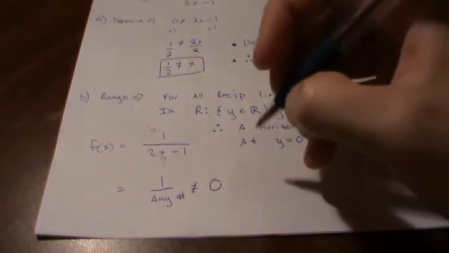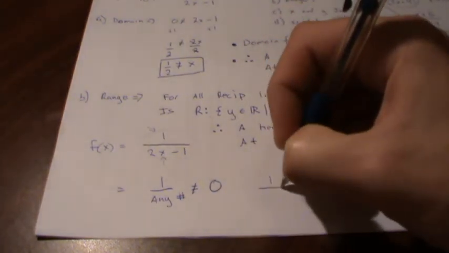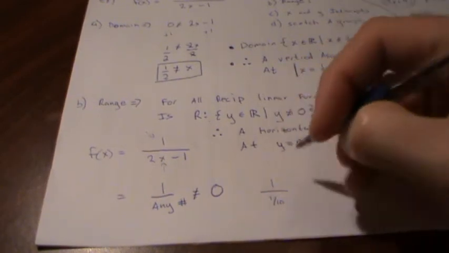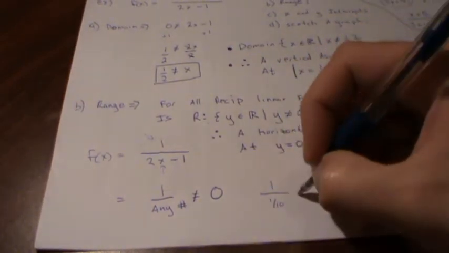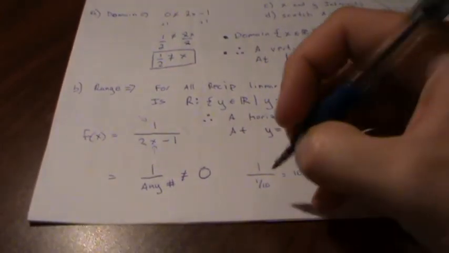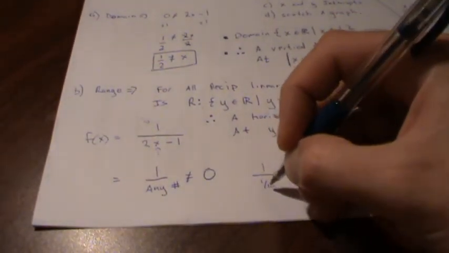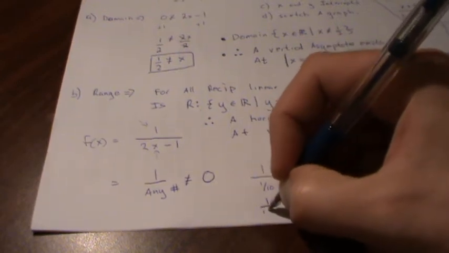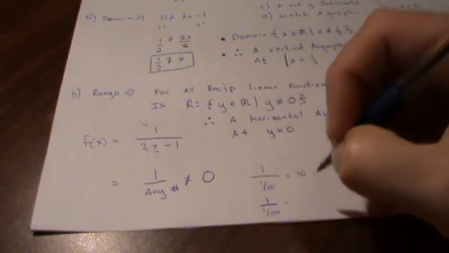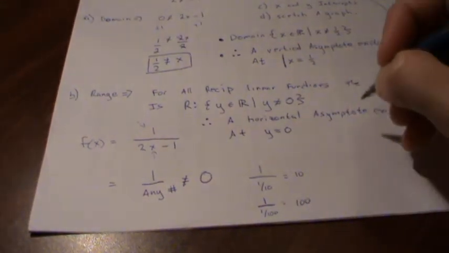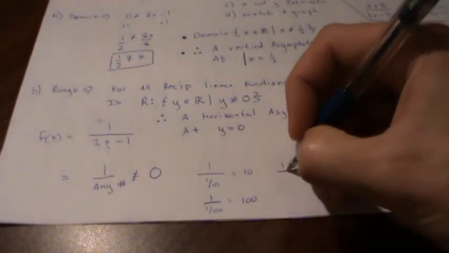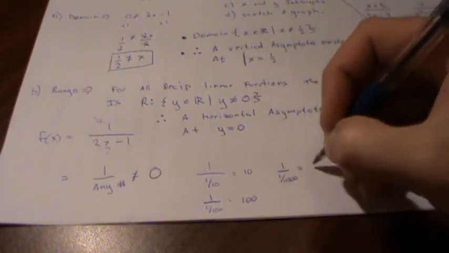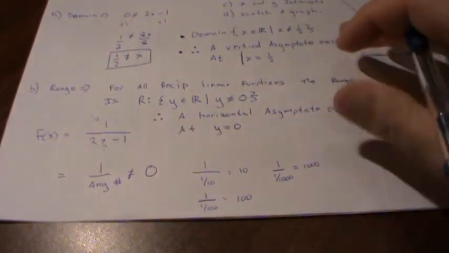For example, 1 divided by 1/10 is actually 10. 1 divided by 1/100th is actually 100. 1 divided by 1/1000th is actually 1000, and so forth.